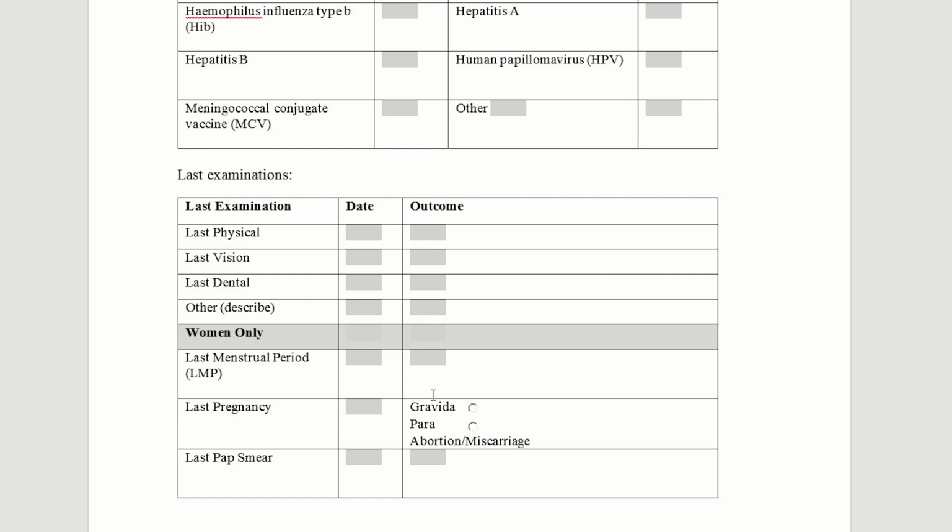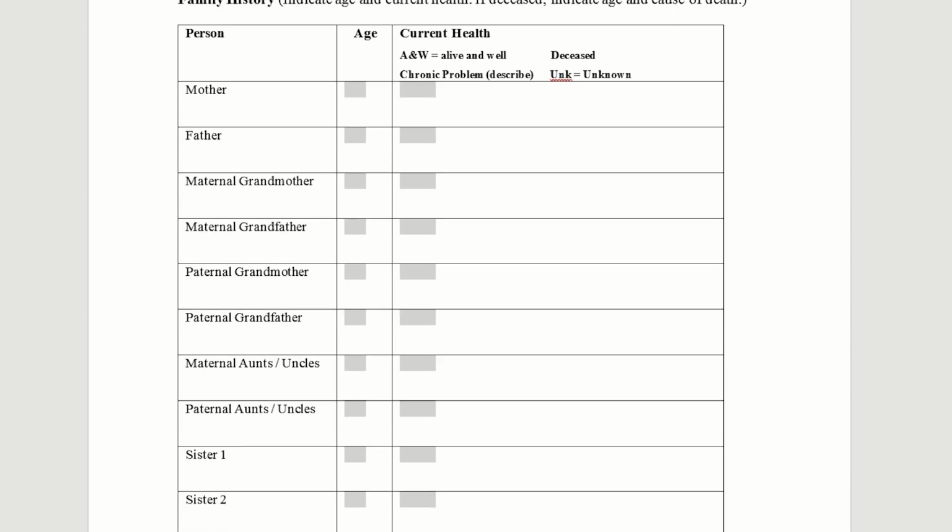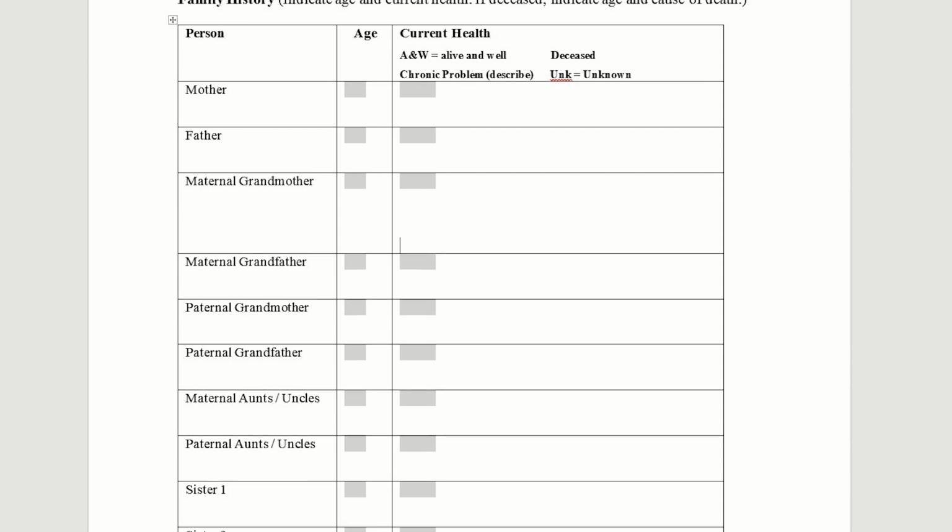Over here, a few terms that might be new to you. Gravida would be the number of pregnancies, and para would be the number of live births. When it comes to family history, if you need an extra sheet, I think these should expand. Yeah, they do that.